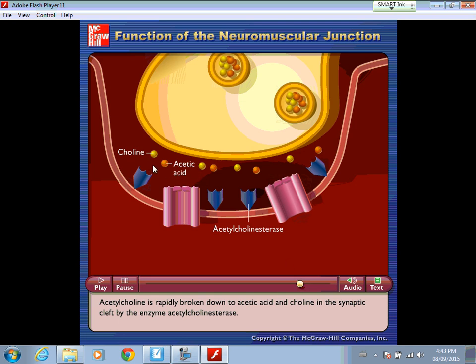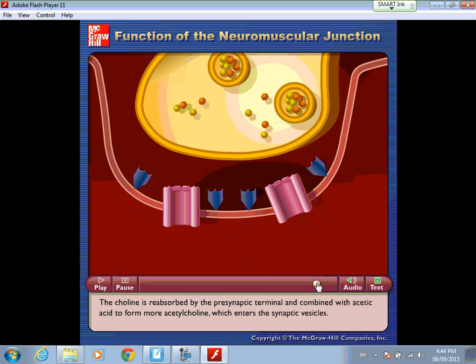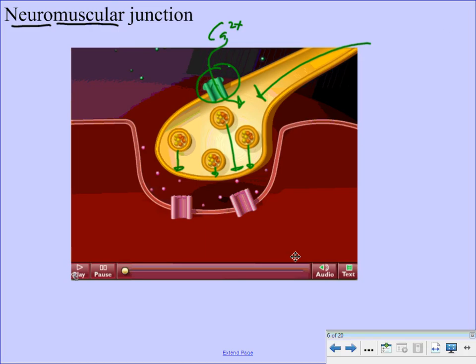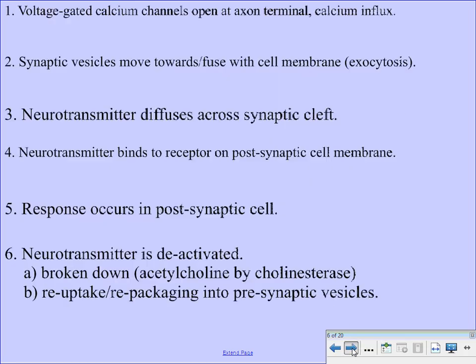And then eventually, the acetic acid and the choline are going to be transported back into the presynaptic vesicles, packaged up again, and recycled. So those are some additional steps that we do see with this animation here at the neuromuscular junction.